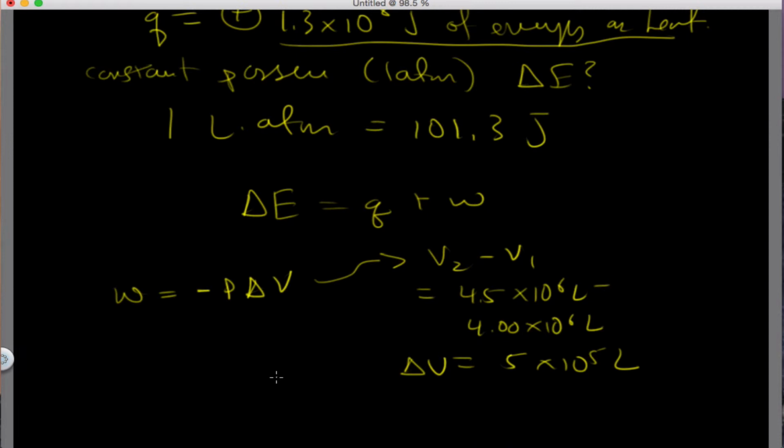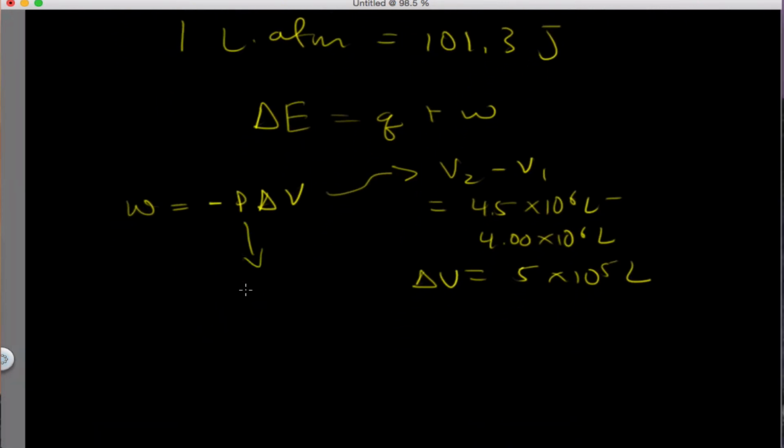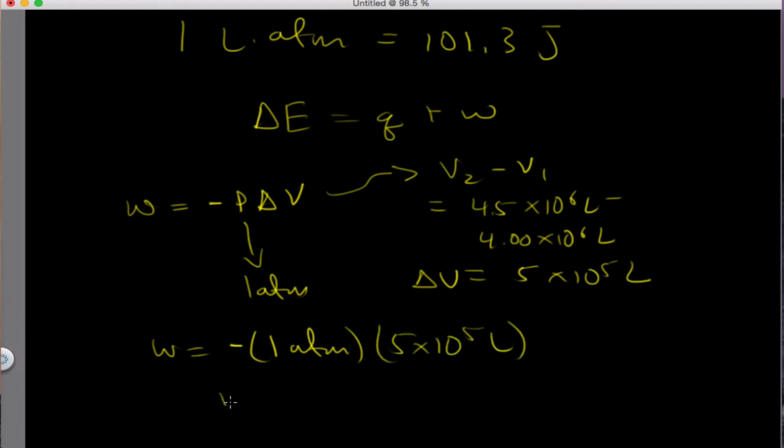Then the work, if we plug that in, and we know that pressure is 1 atmosphere, W is equal to negative 1 atmosphere times 5 times 10 to the 5th liters. So work is negative 5 times 10 to the 5th liters times atmospheres.